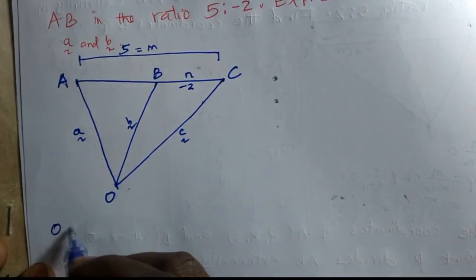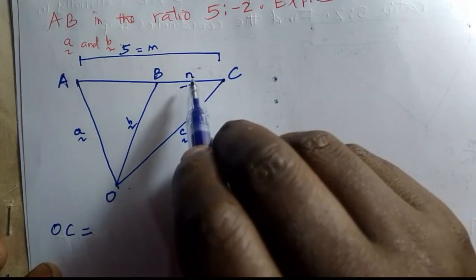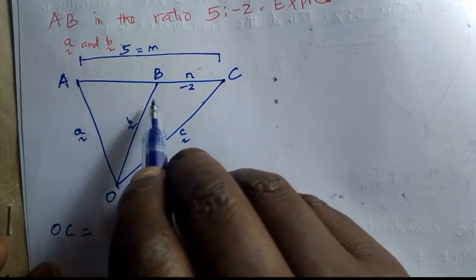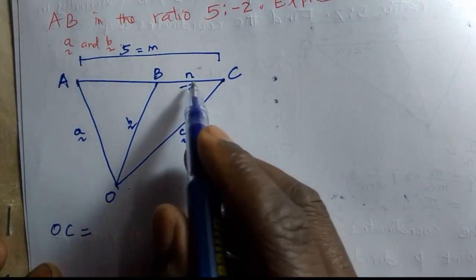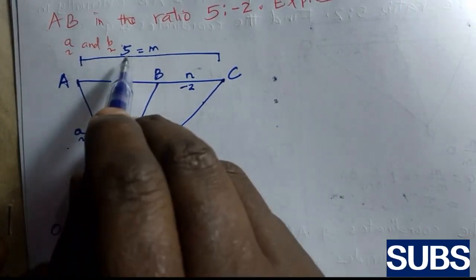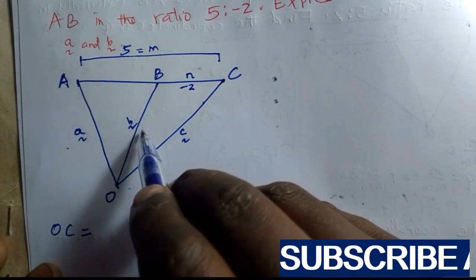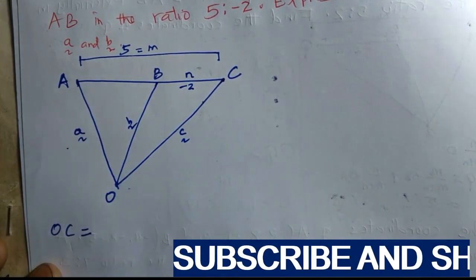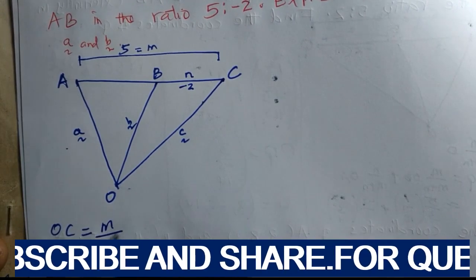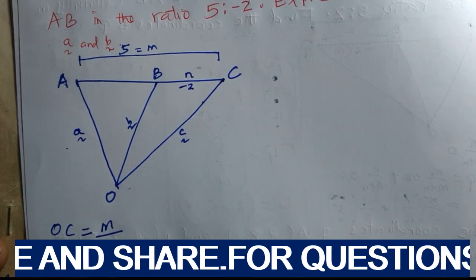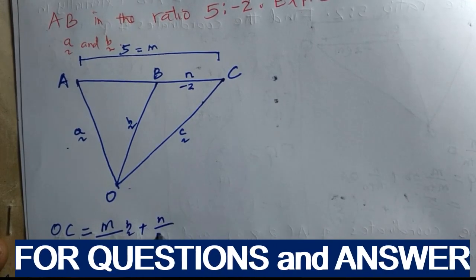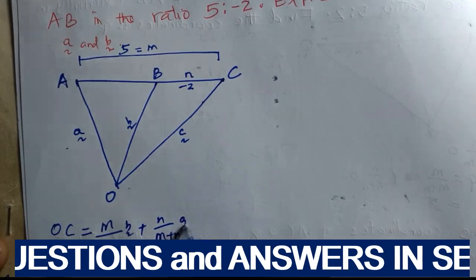OC is equal to N over the total M plus N times the opposite boundary. The opposite of N is here, and the opposite of M is here, so it will be M over M plus N, b, plus N over M plus N, a.